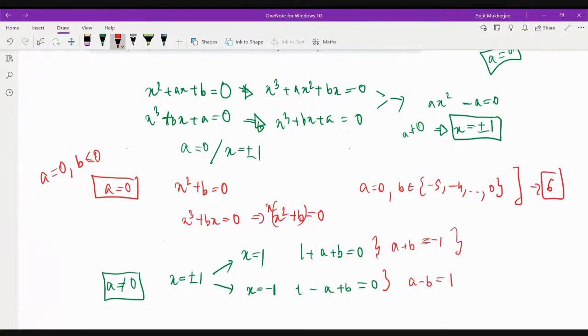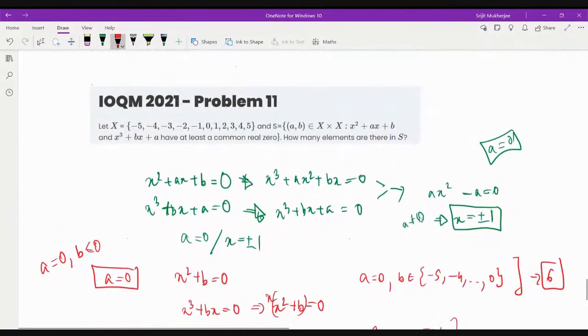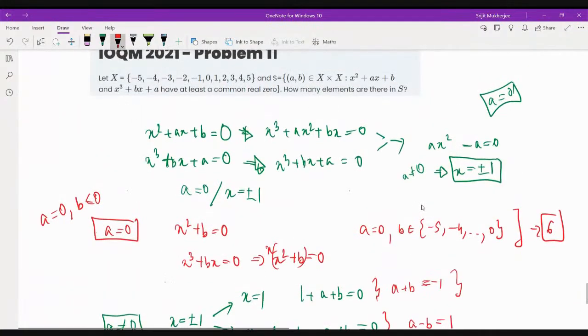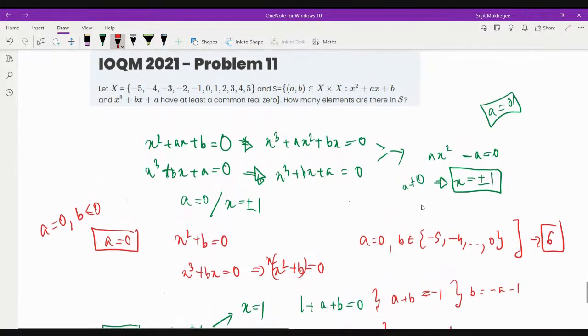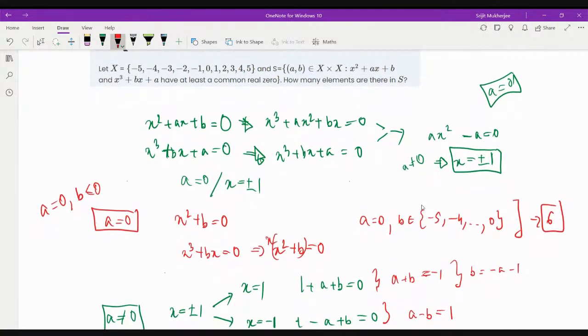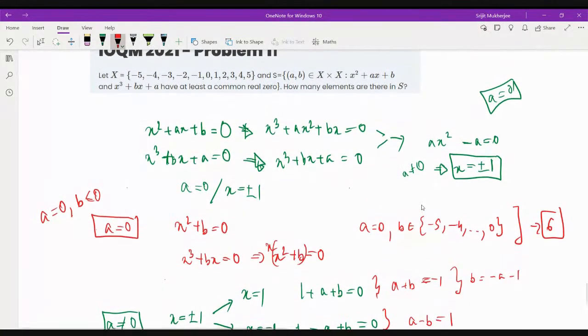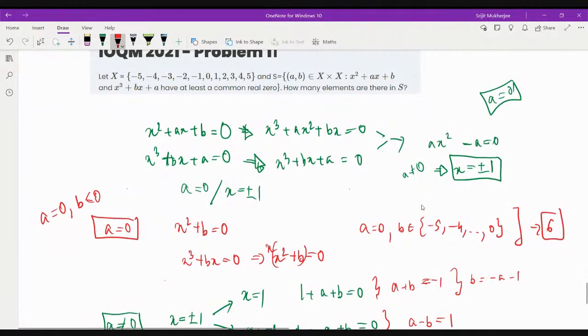So here a plus b is equal to minus 1. Just fix a, and b is therefore minus a minus 1. Since b can be at most 5, sorry, b can be at least minus 5, a must be at most 4. That's the idea.